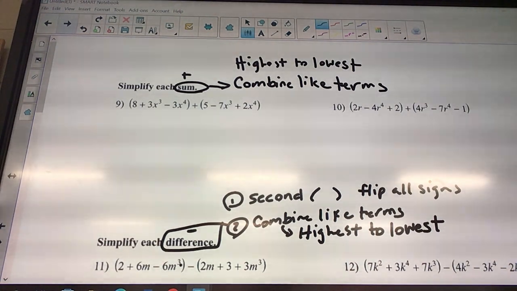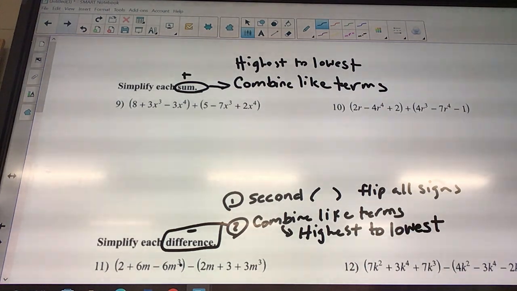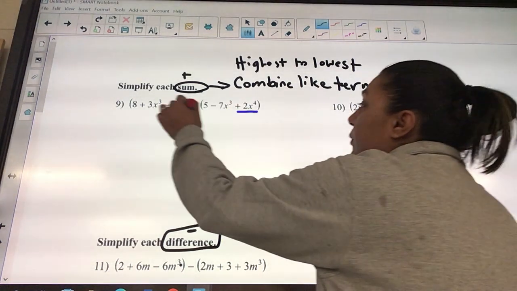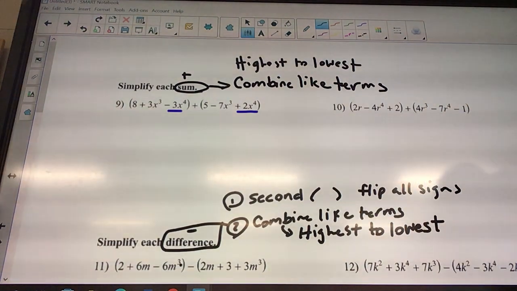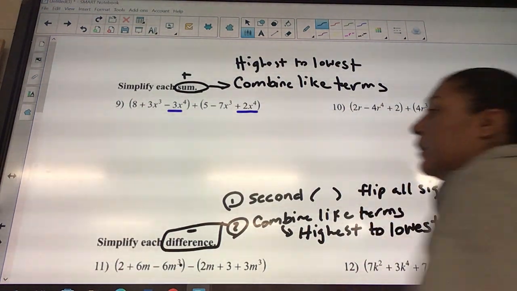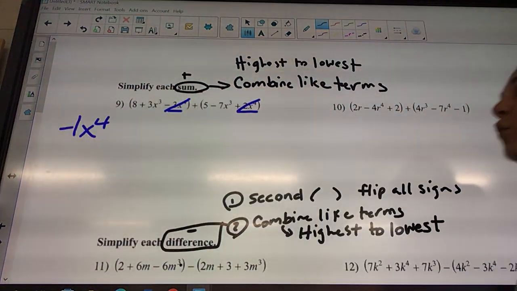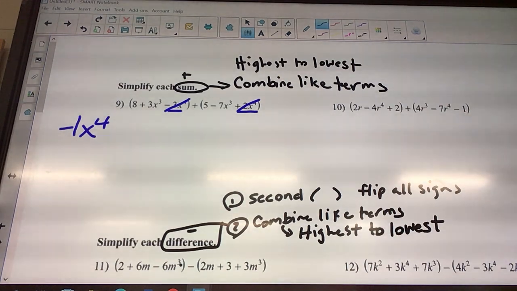What things have x4 on them? Negative 3x4 and a positive 2x4. So if we combine those two, what is that going to give me? Negative 1x4. Good.